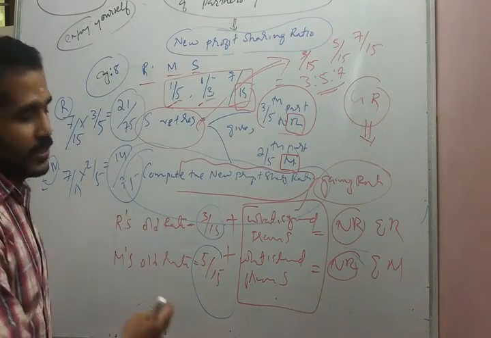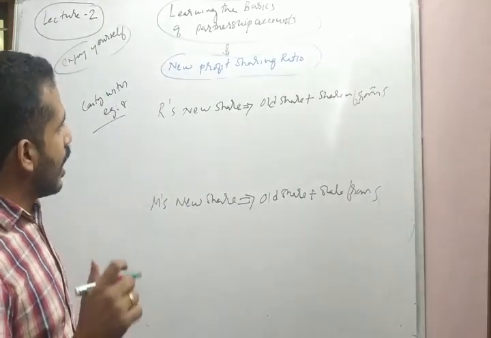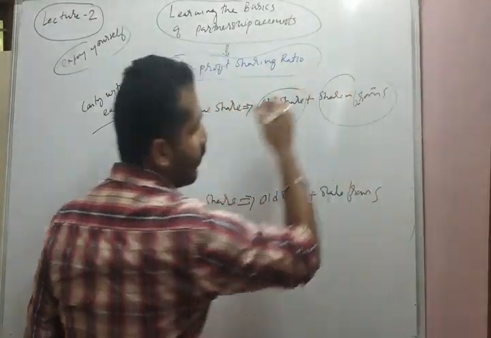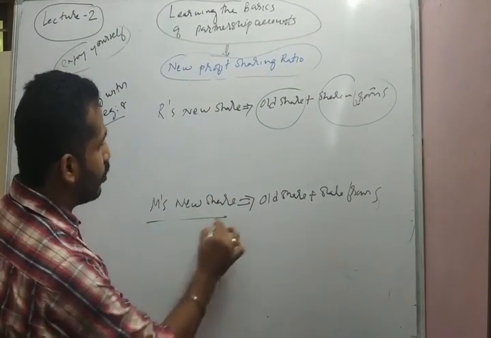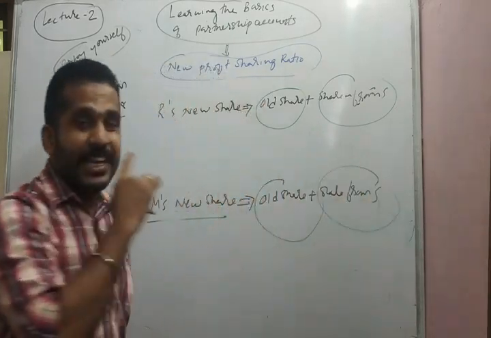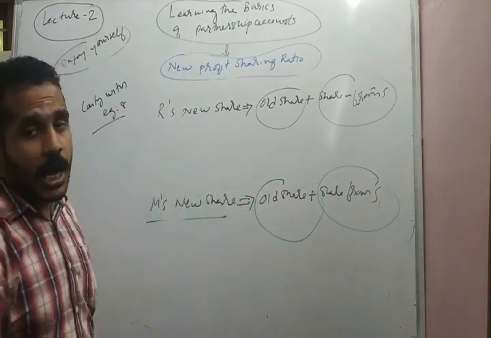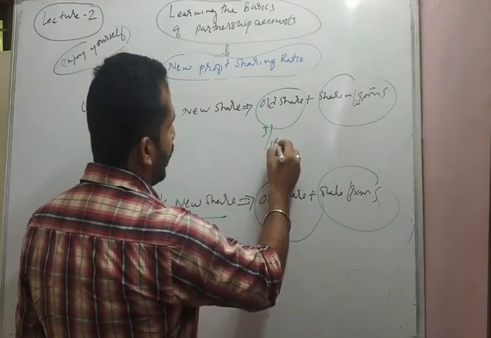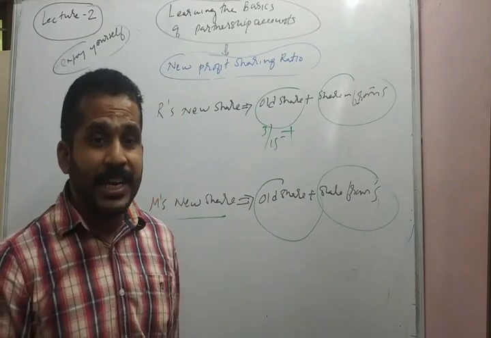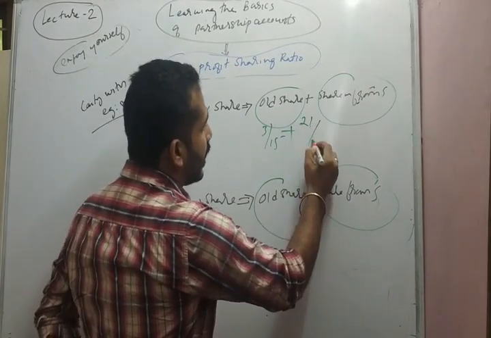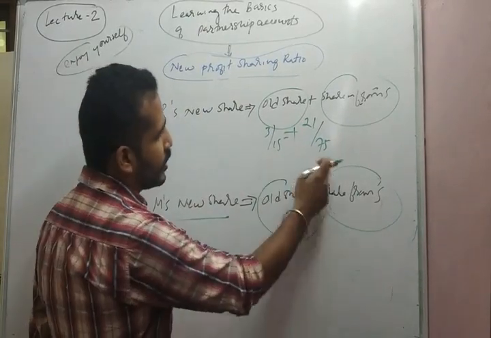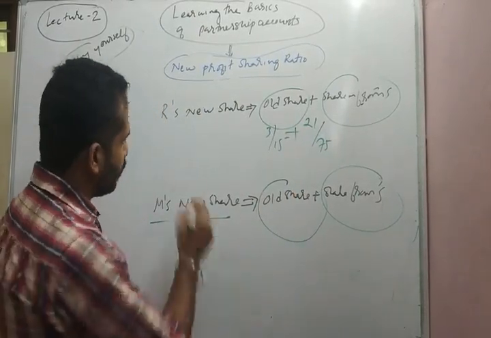So let's move on to this. R's new share is equal to R's old share plus what is received from S, and M's new share is equal to M's old share plus what is received from S. R's old share is 3/15, plus the receipt from S, which is 21/75.